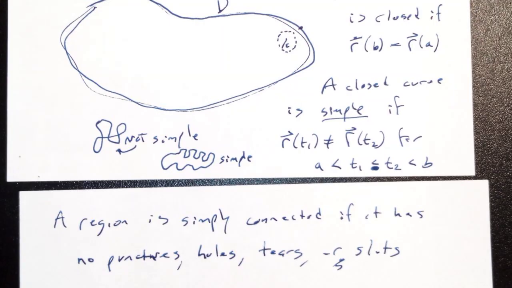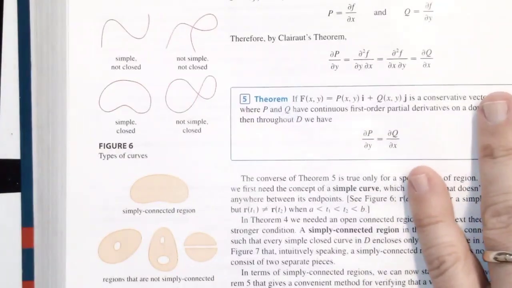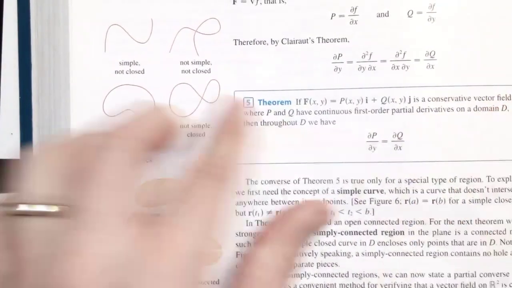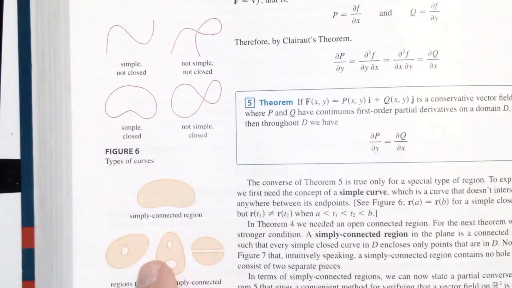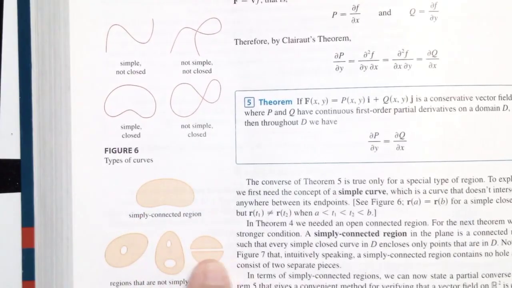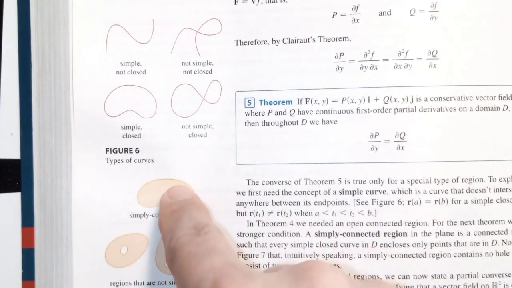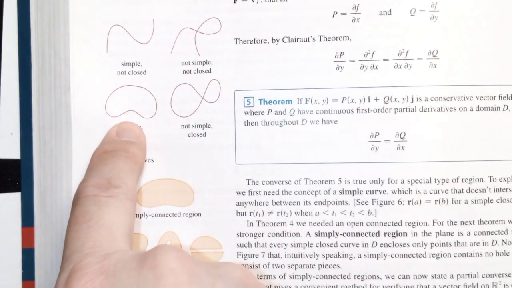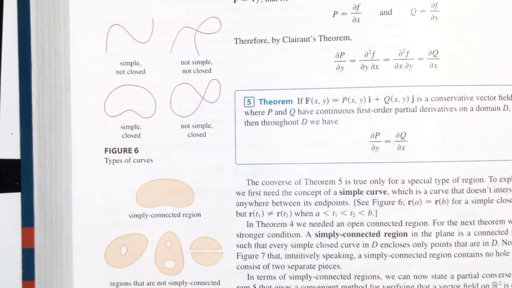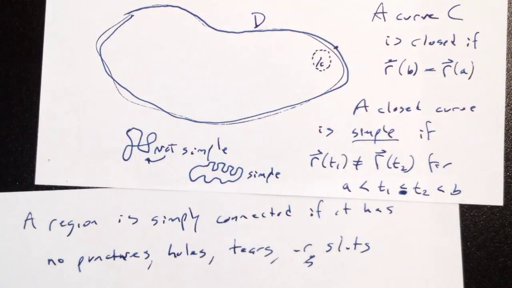On page 1090, there are our curves here in the upper figure 6, and here are our regions. These regions are simply connected. These are not. That's got holes, that's got holes, that's got a slit in it. I'm not allowed to use those. I want regions like this and curves like this. And when I have both of those things, then my Clairaut's theorem result is enough.